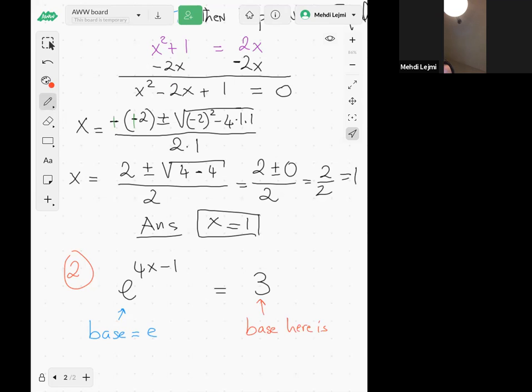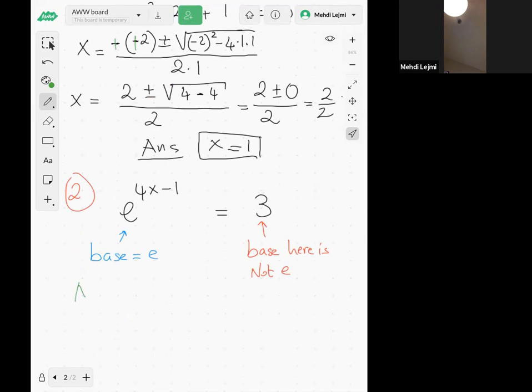So the base here is not e. We have 3. So we don't have the same base here.